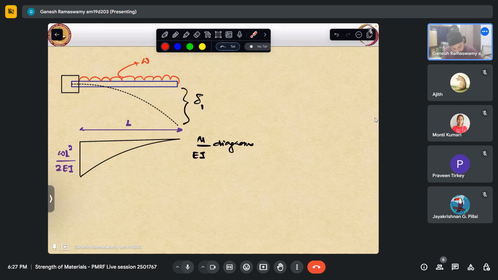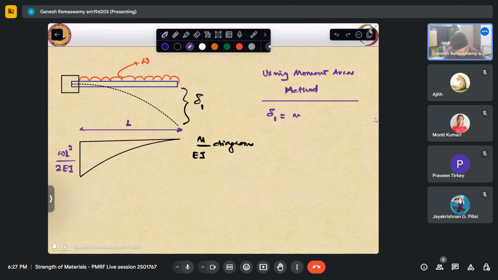So using the moment area method, delta 1 is nothing but the moment of area of the MB by EI diagram about point B. Actually this is A and this is B, so about point B.